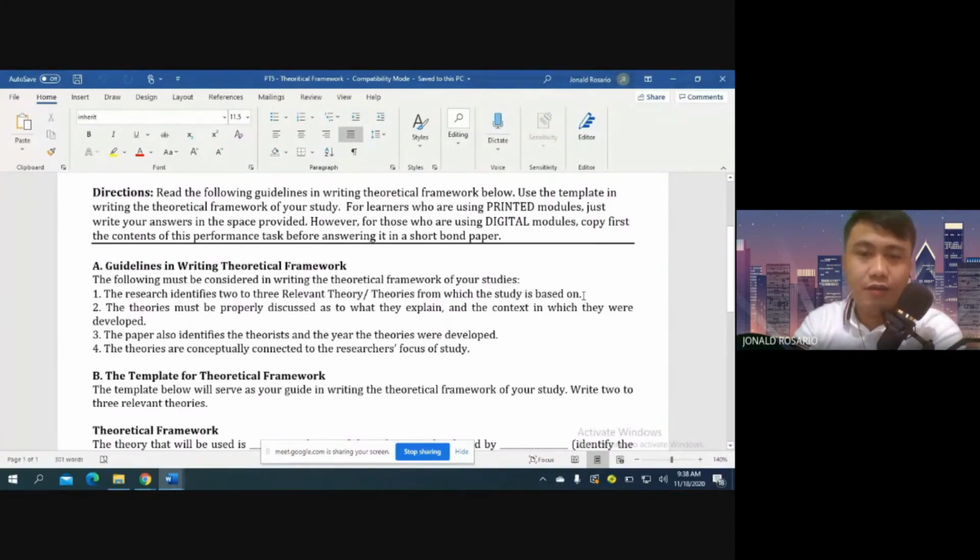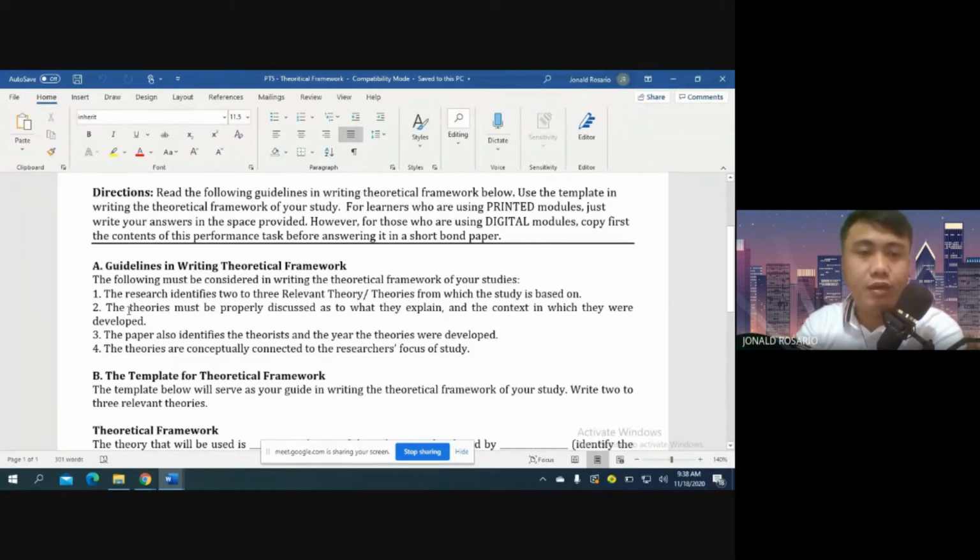Yan. Okay, so 2 to 3 relevant theory or theories. Madalang siguro yung isa lang ang theory na nagiging basis ng study niya. Usually daw, pagka nagsusulat tayo ng theoretical framework, usually 2 to 3 relevant theory or theories ang ginagamit.